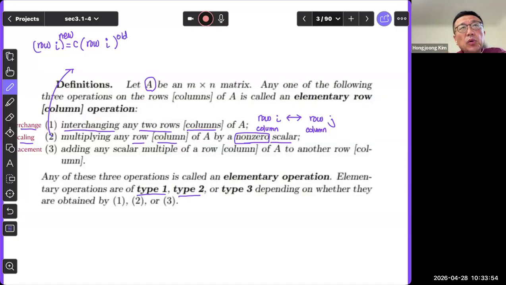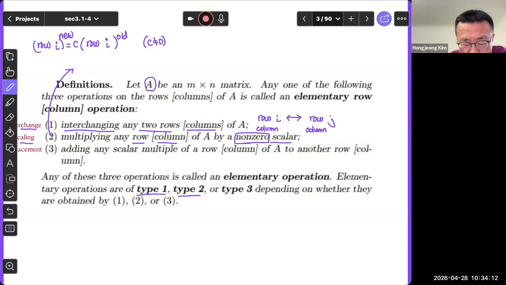The old one is multiplied by some number c. And this c cannot be zero, because if you multiply zero to a certain row, then all the entries will become zero, and you don't want to have that.